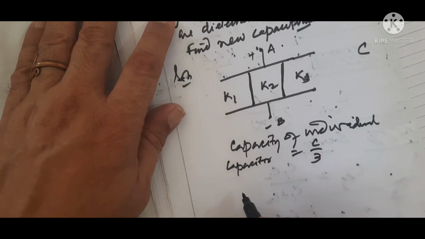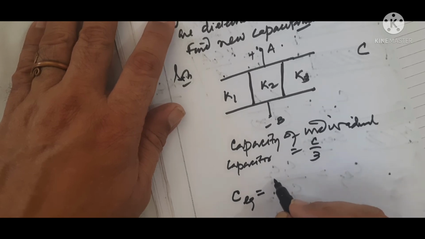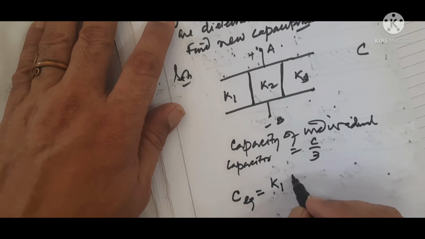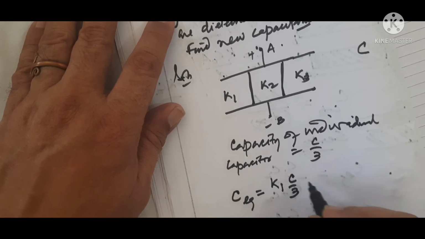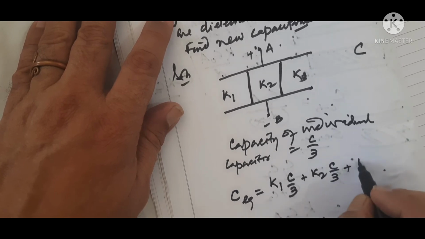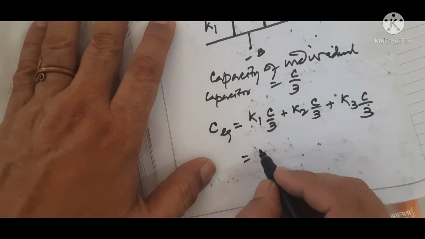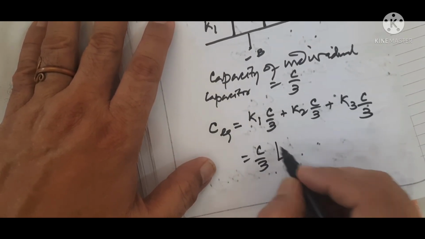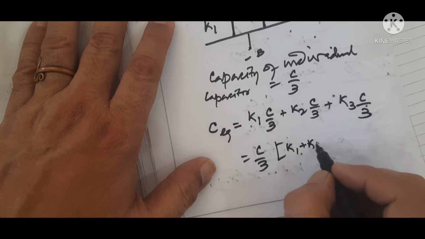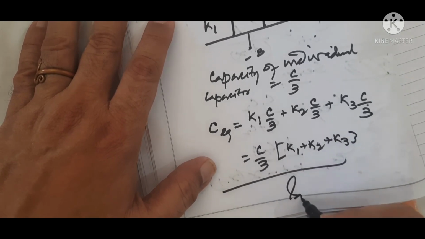These three are connected in parallel, so we can write C equivalent is equal to K1 into C/3 plus K2 into C/3 plus K3 into C/3. So ultimately C/3 within brackets (K1 plus K2 plus K3). That is your answer.